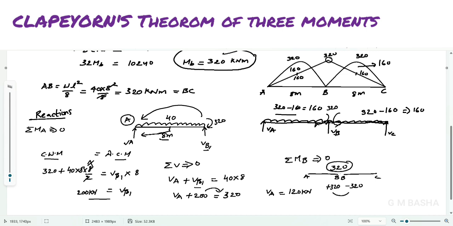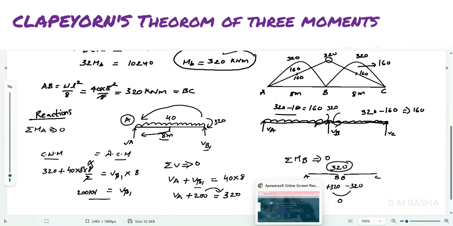At that time the overall sum will be equal to 0. Based on this condition, one will be clockwise, another will be anti-clockwise moment. Already in the concept I told you hogging moments will occur at the support. So based on the hogging condition, BA will be positive and BC will be negative and overall the sum will be taken as 0. Clear?